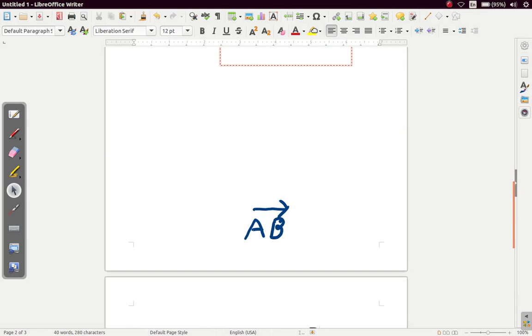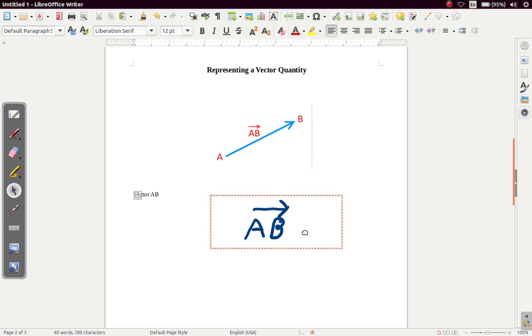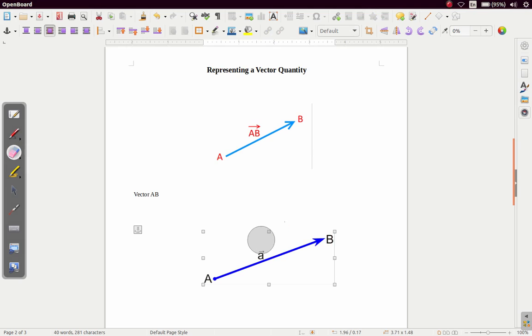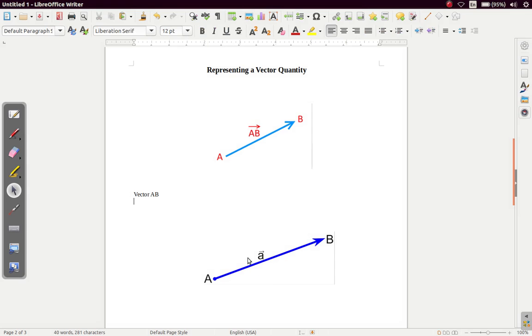Like this. Let me carry my other representation up and get my AB out of the way here. Instead of writing the two letters AB, you can just write one letter, A. If you're writing in a notebook, you can write this A with the arrow under it. Alright?